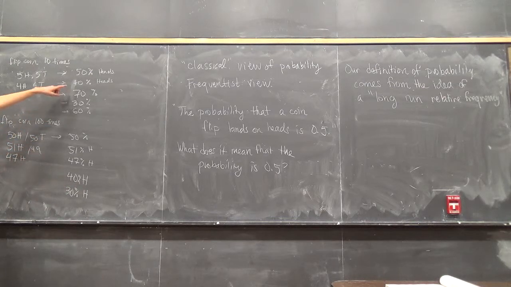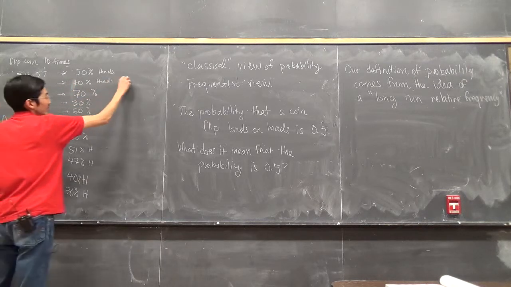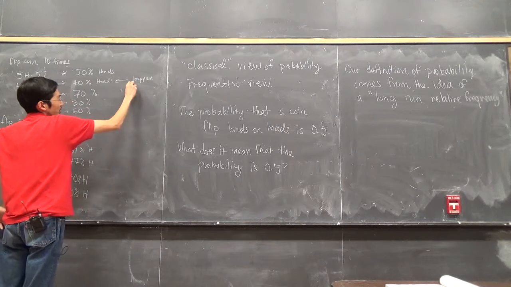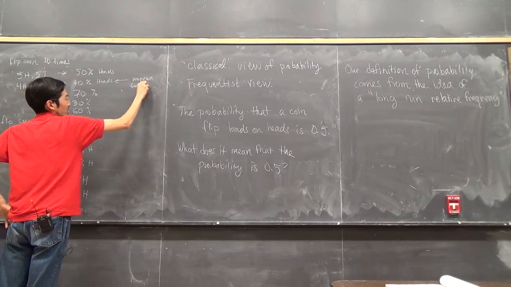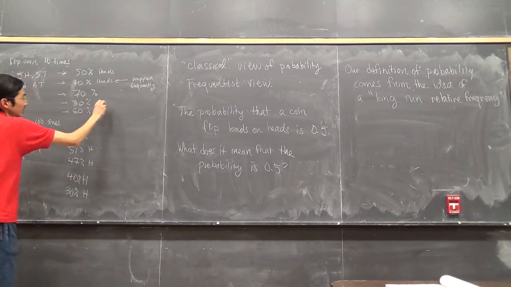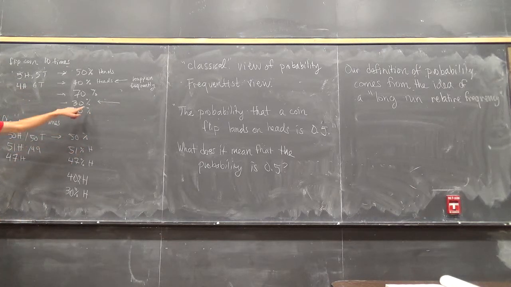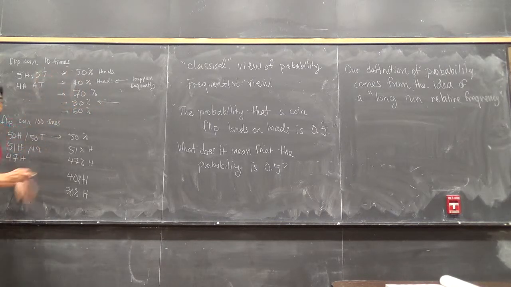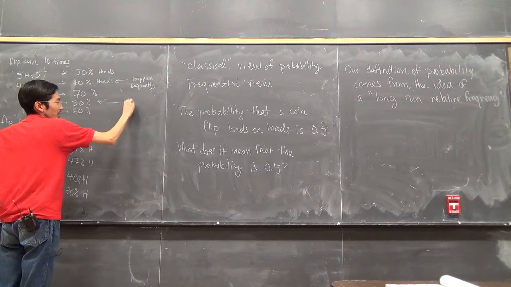So over here, with 10 flips, 40% heads seems pretty likely, right? We expect it to happen frequently. And 30% heads, probably not frequently, but it'll happen occasionally, if everybody here flipped the coin.